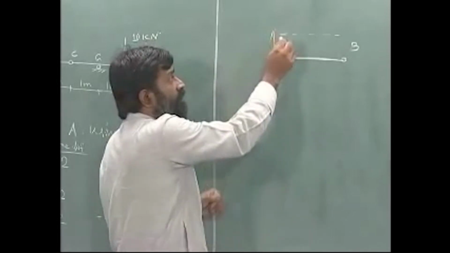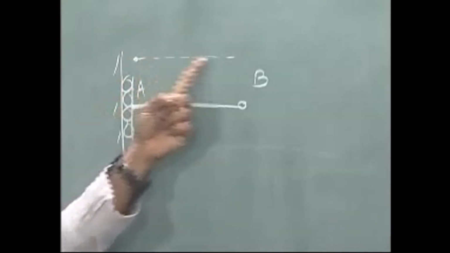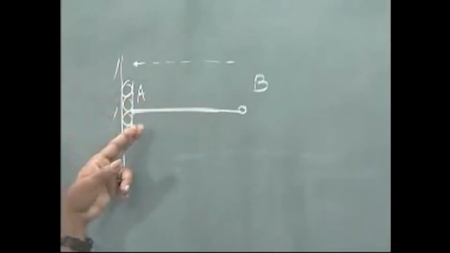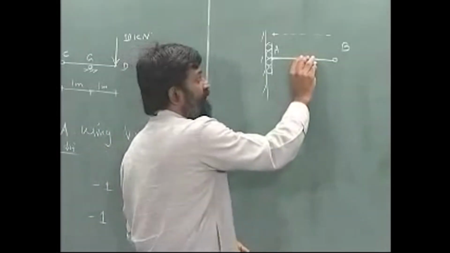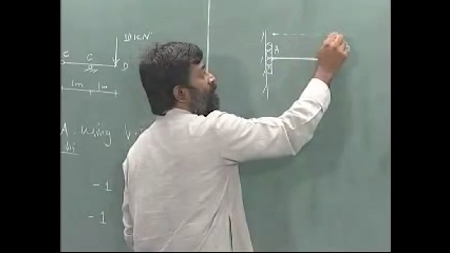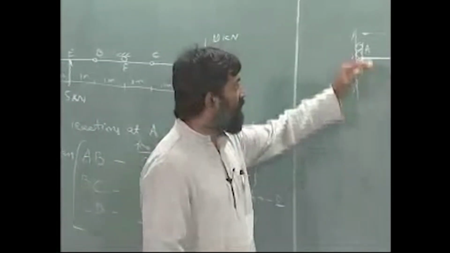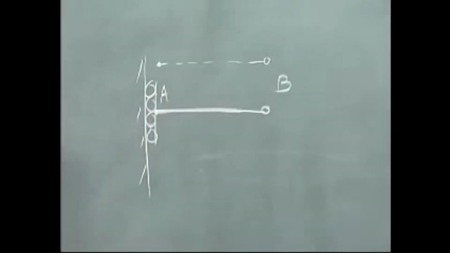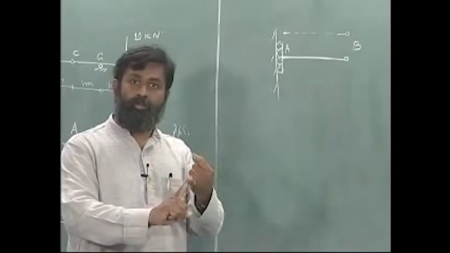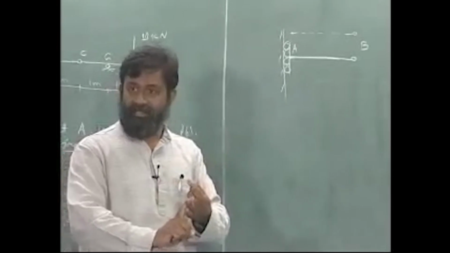So when I move this up, this point cannot rotate. If one point of the rigid body cannot rotate, none of the points of this AB can rotate, and therefore it has to only go up like this till point B. That is the only possibility. And therefore we did it this way, consistent with those two assumptions: being consistent with the support conditions and the rigid body notion.